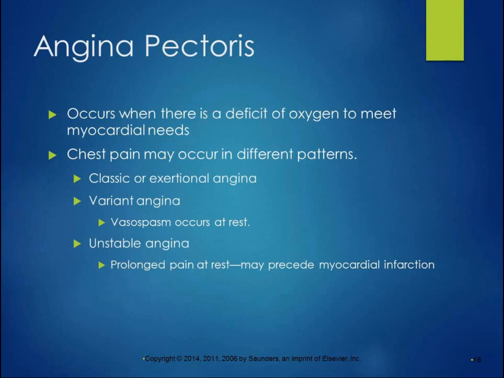And then you rest and it goes away. Variant angina, you have vasospasm that occurs at rest that causes chest pain. And unstable angina, even when you rest, you're still having chest pain, and that may precede a myocardial infarction. So never a good thing.